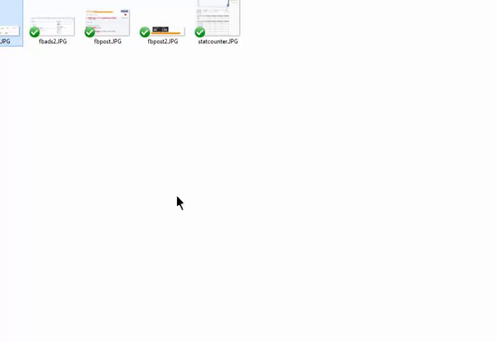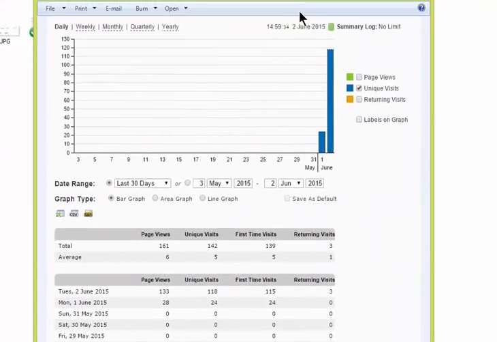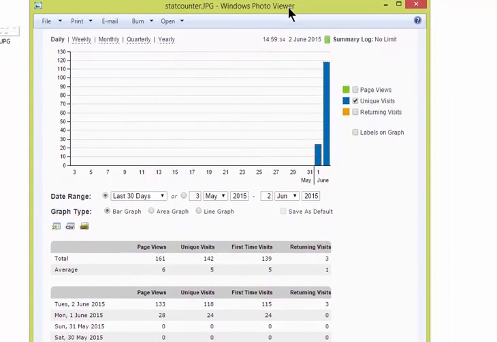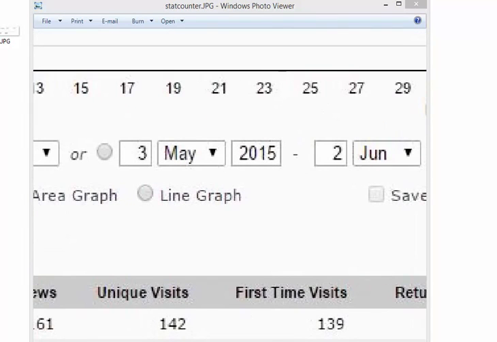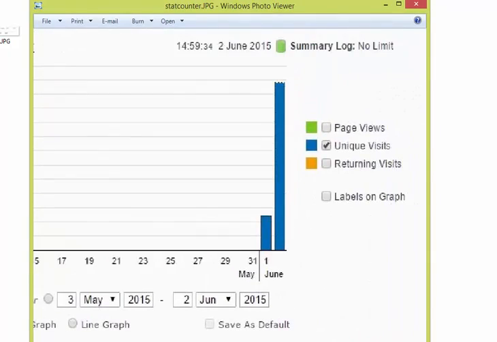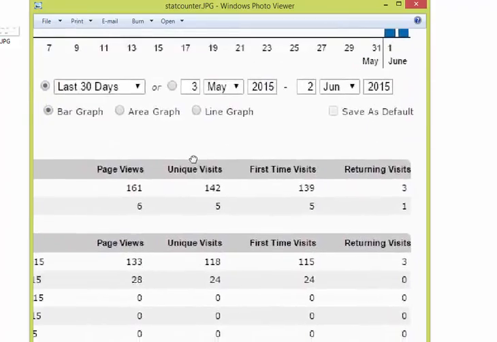So which should we go first? Okay, let me show you the simplest one first. This is an image I took earlier today from StatCounter, which is a bit like Google Analytics, but I think it's actually easier to use. I hope it's not too small on the screen, but I will read it out.